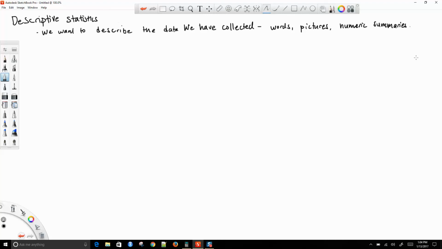So let's start off with summarizing or describing categorical data. Imagine we have collected some data, and part of the data that we have collected is a categorical variable.